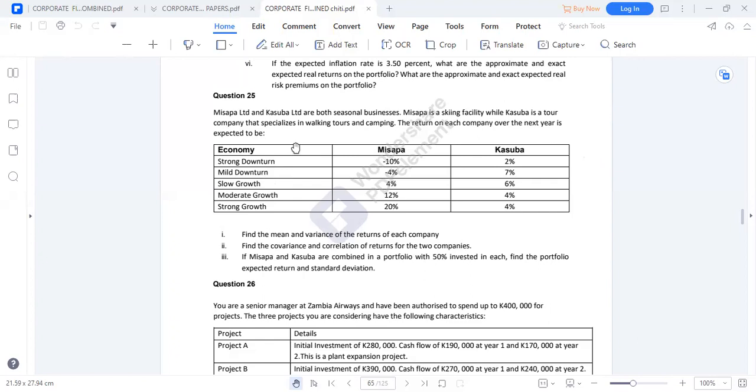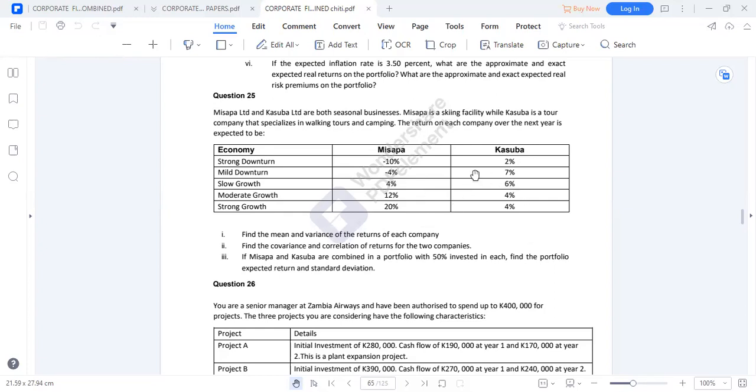For a given state of nature, or state of the economy: strong, mild, slow, moderate, and strong growth. Then we have two limited companies, Misapa and Kasuba. These are both seasonal businesses, and we want to calculate their expected returns.